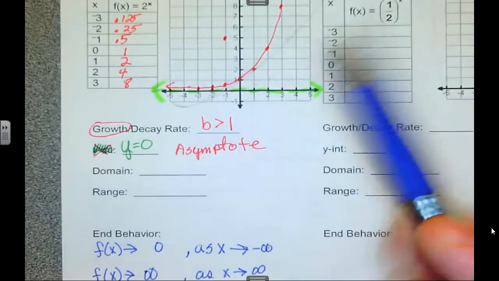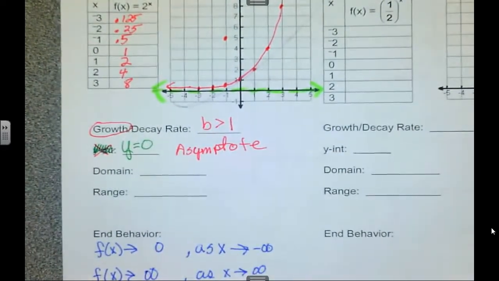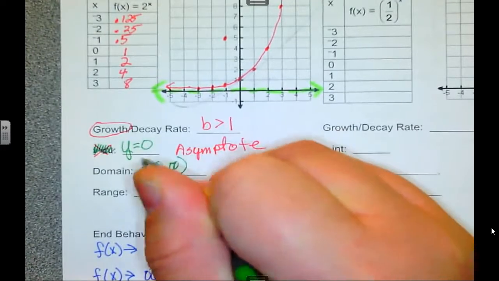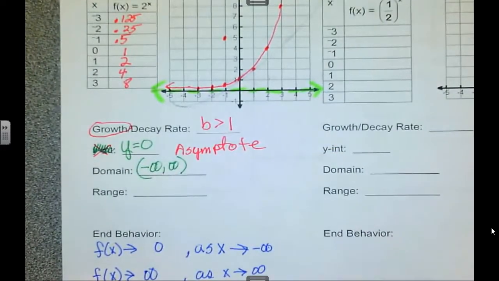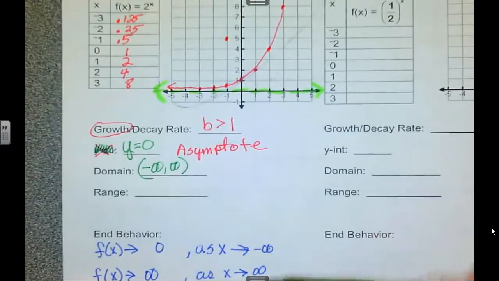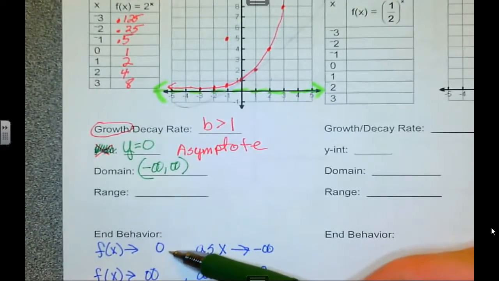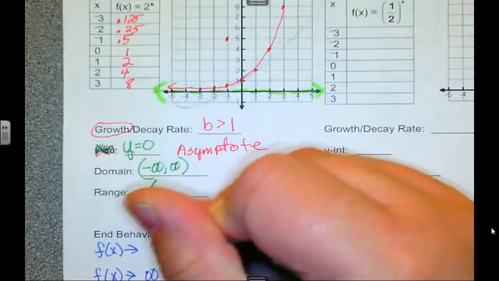X values. Domain should be easy. Yeah, negative infinity, positive infinity. Okay? Now, what about my range? Where does my y value start? Tries to get to 0, right?